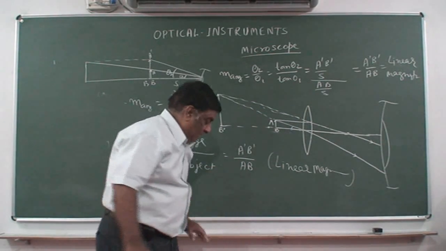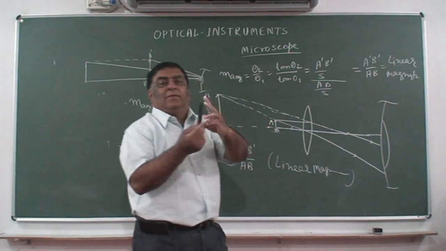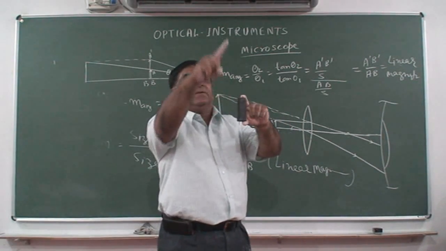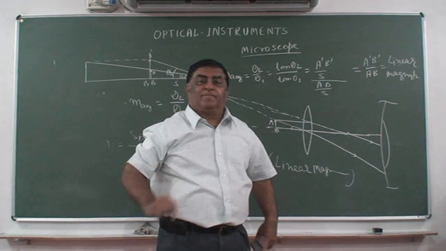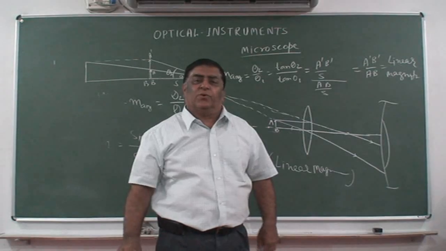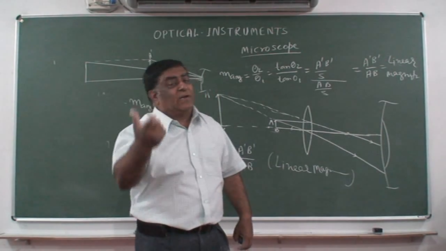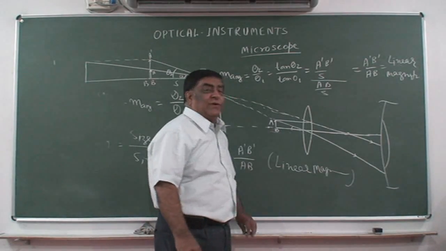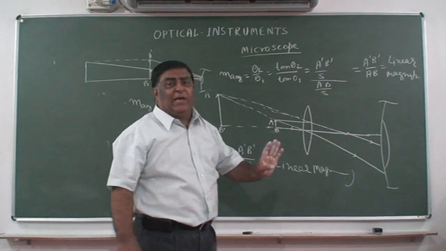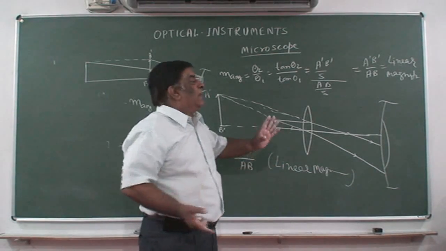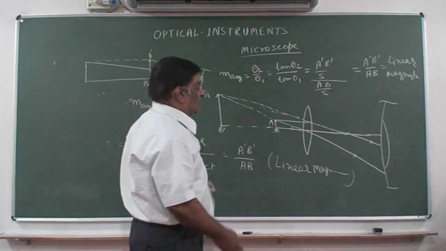When you have an object in your hand and you can see the image, measure the two. But suppose our object is a star, as in the case of a telescope, where we cannot measure that. Or the object is so small that we cannot measure, then what do we do? We use this formula, the angular one. So whatever formula we use, the meaning will be the same and both are equal to each other.